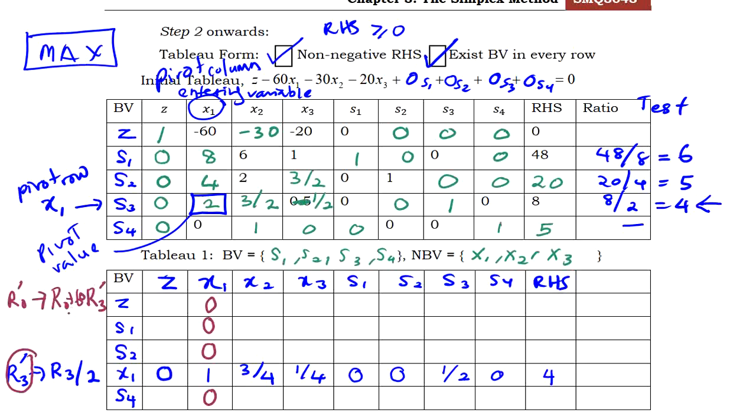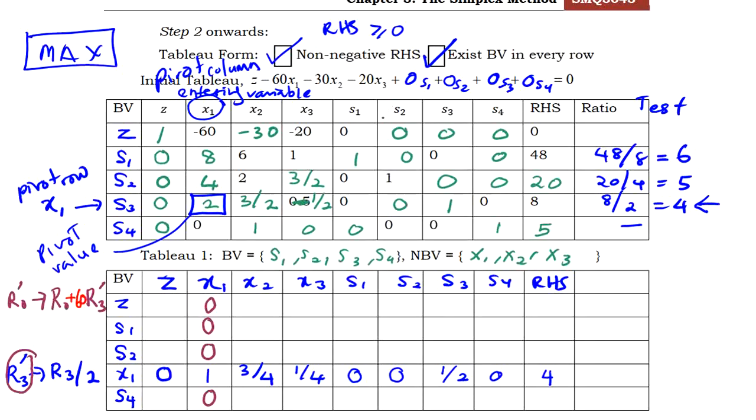So R0 new equals row 0 plus 60 R3 new. So R3 new is 1, right? So negative 60 plus 60 times 1, so we get 0 for this column.